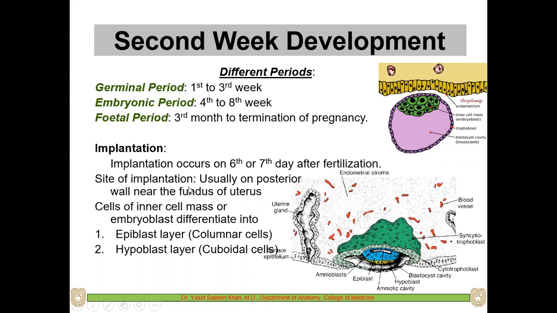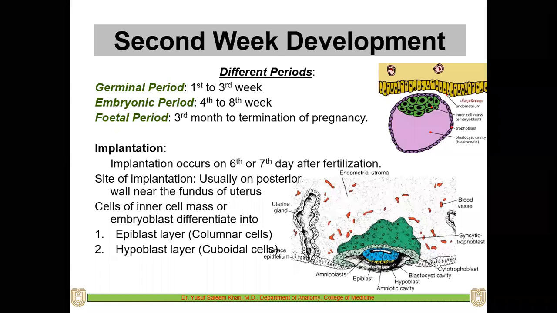The site of implantation, as we already told you before, is usually on the posterior wall near the fundus of the uterus. In the first, second and third pregnancies, it will usually be on the posterior wall near the fundus, which is on the top of the uterus. But with multiple pregnancies, it comes lower and lower, so implantation becomes lower down.